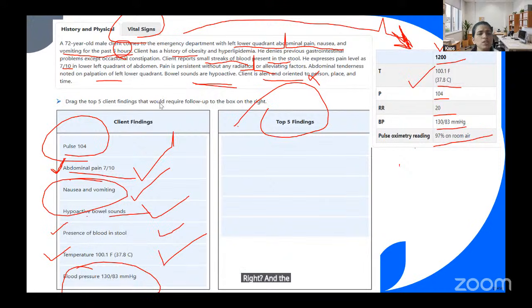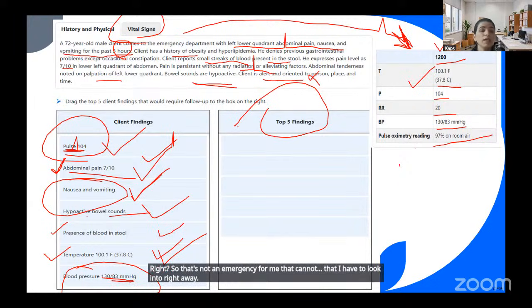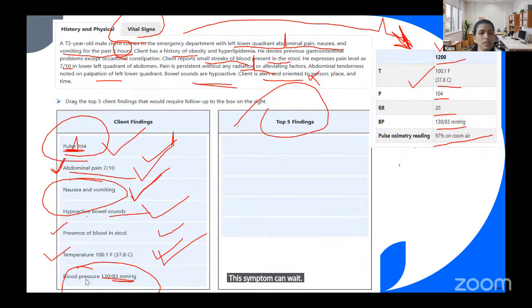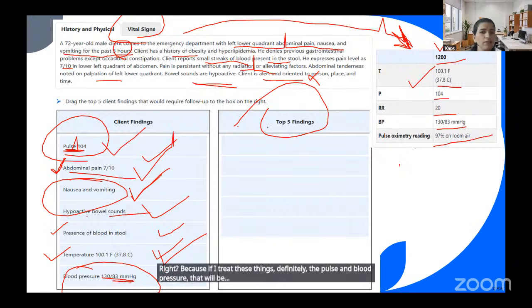And the pulse, which is high, and blood pressure changes, that's all because of nausea, vomiting, and pain and fever, right? So that's not an emergency for me that I have to look into right away. This symptom can wait, right? Because if I treat these things, definitely the pulse and blood pressure will be okay after that as well, right?